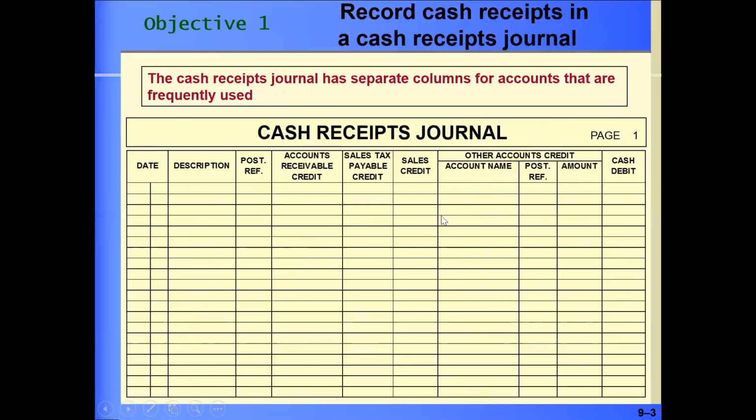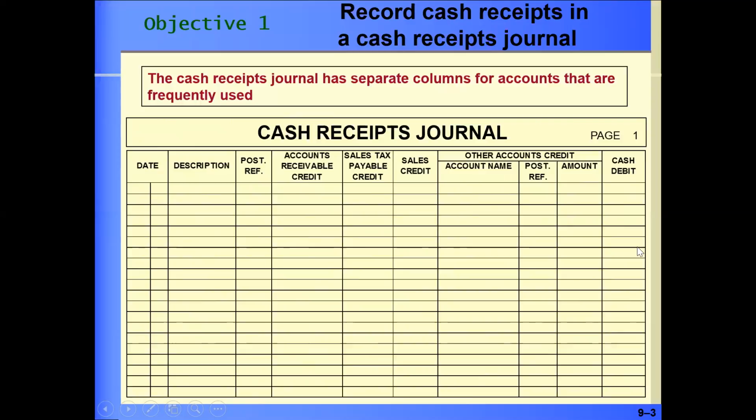We will put here every time we receive cash. And from this column right here through the end are all columns that will be included in our journal entry that will transfer the total impact of a cash receipts journal for the month.